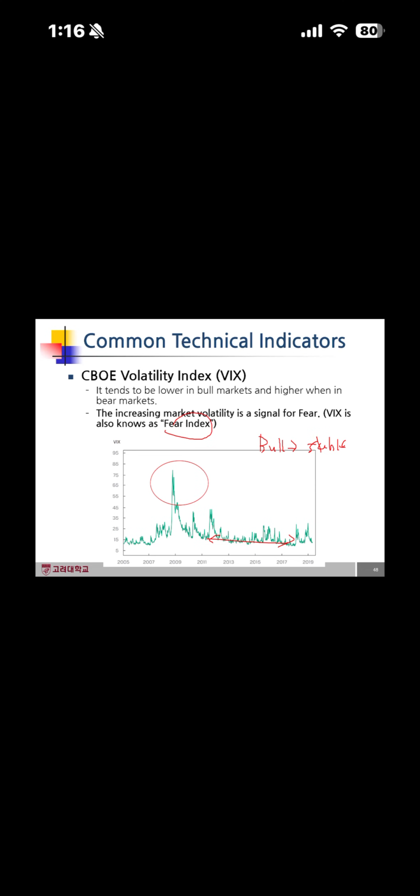However, during a bear market or periods of financial stress, here the 2008 global financial crisis, the VIX often rises significantly. This increase occurs because investors expect greater uncertainty and larger price fluctuations in the market.